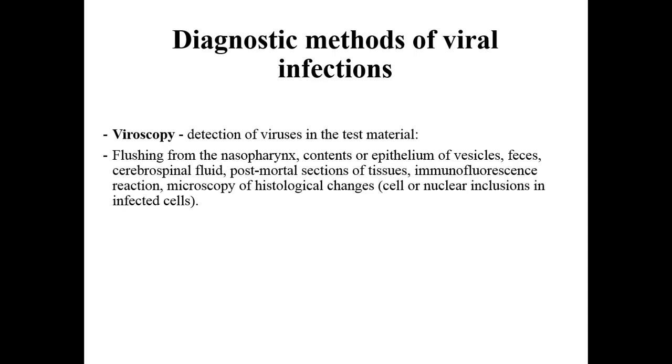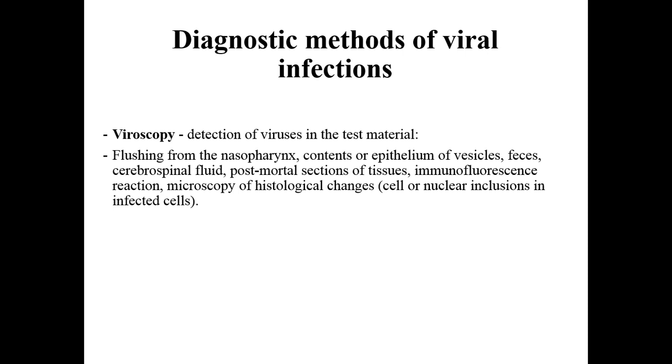Diagnostic methods of viral infections: viroscopy, detection of viruses in the test material. Serological formats such as ELISA and rapid tests are available for detecting serum antibodies. Immunoglobulin M antibodies are indicative of active infection but appear only after 4 weeks of primary infection.